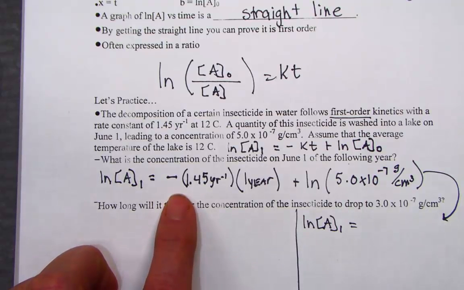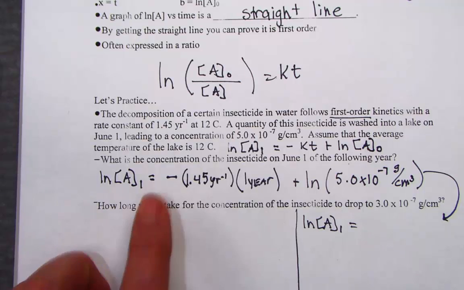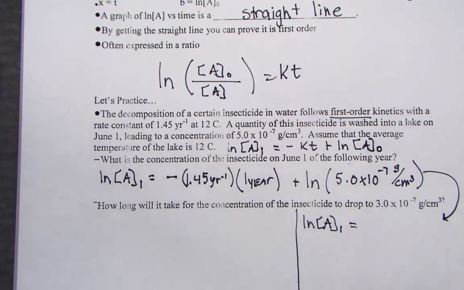Negative 1.45 times 1 plus, parenthesis, the natural log, and that automatically places a parenthesis on my screen, 5.0 e negative 7, close my parenthesis again, so there's 2 on it.